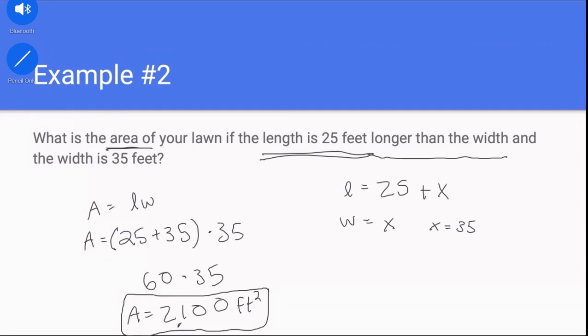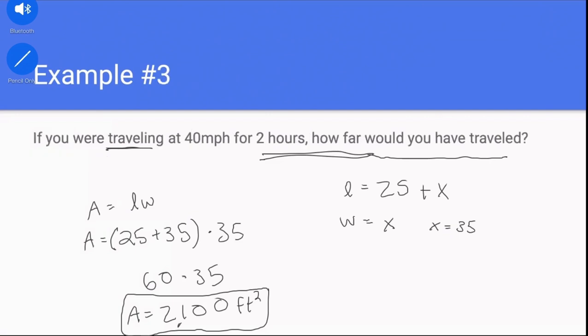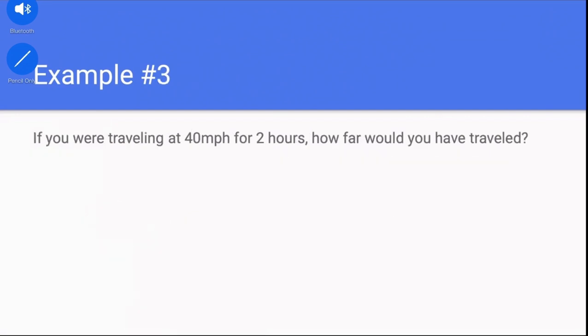Okay, now going on to our next example, example number 3. If you were traveling at 40 miles per hour for 2 hours, how far would you have traveled? Distance equals rate times time. The rate is 40 miles per hour, and the time is 2 hours. So it's d equals r times t.